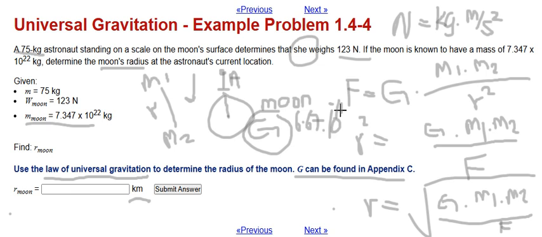So anyway, if you plug it in just like this, with this constant for G, your end unit is going to be meter. So you have to change that into kilometers. So that's your catch point right there. Your calculated answer will be in meters, and you have to translate that into kilometers.